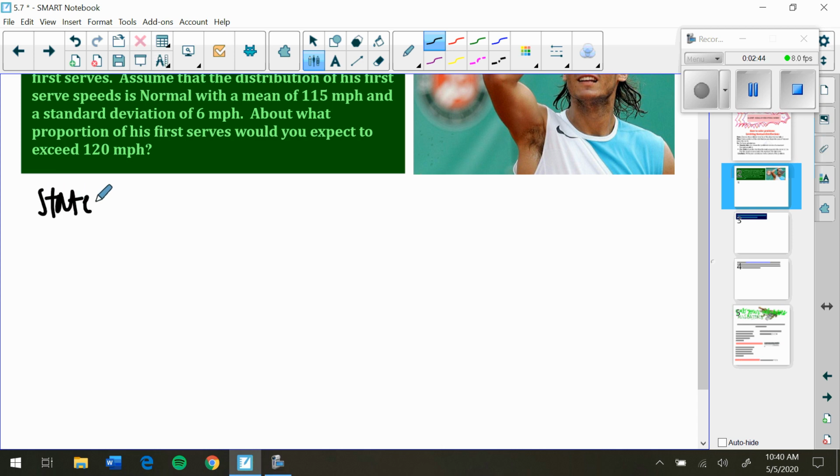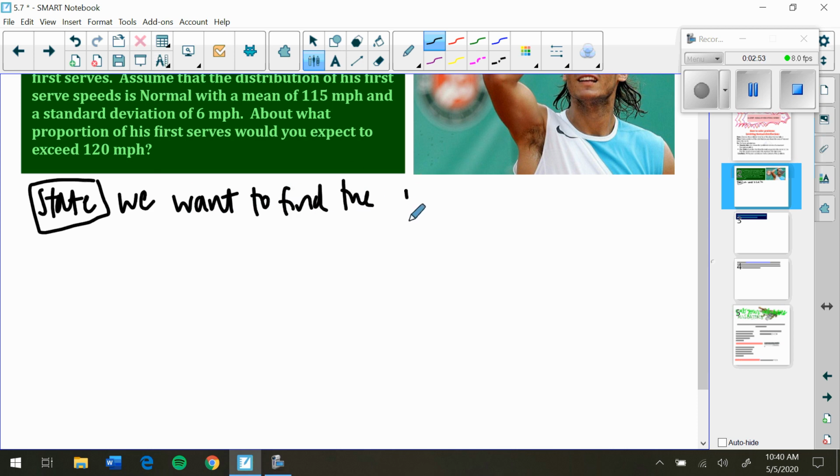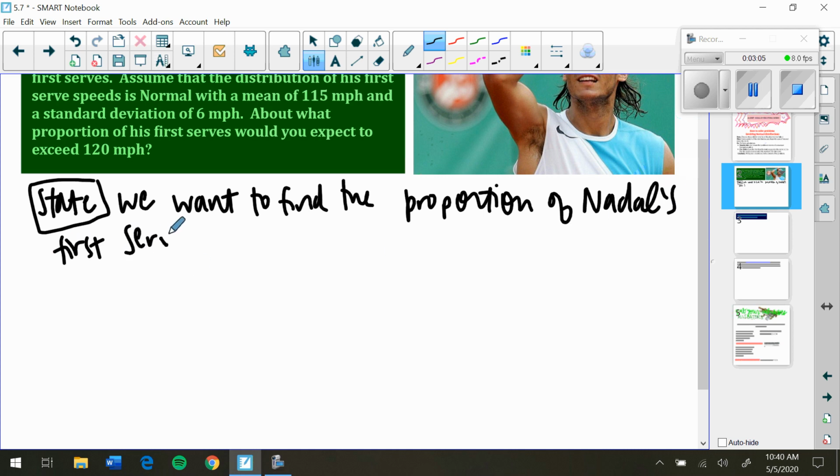So our state is that we want to find the proportion of Nadal's first serves that exceeds 120 miles per hour.